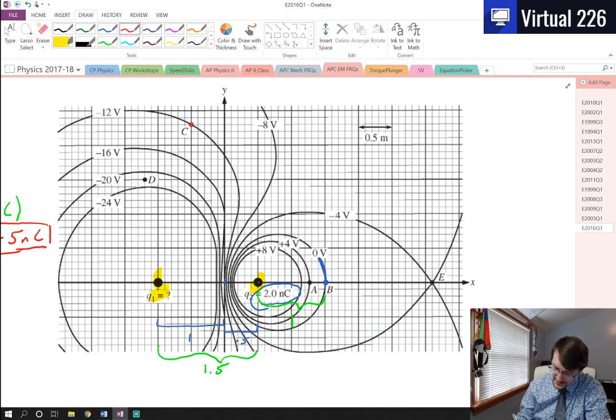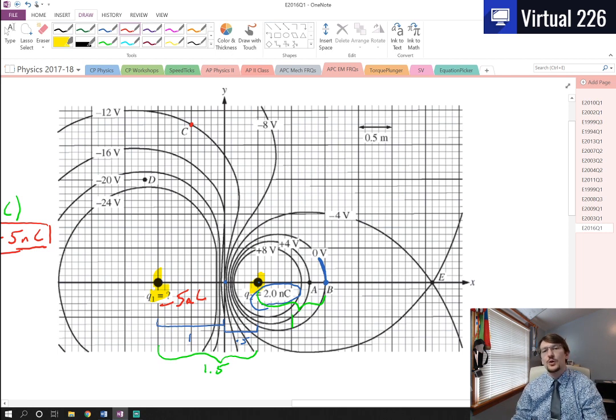In this case, it's also important to remember that because this Q is -5 nanocoulombs, the electric field lines are going to be pointing towards it. Electric field lines always go from positive to negative, areas of high potential to lower potential.